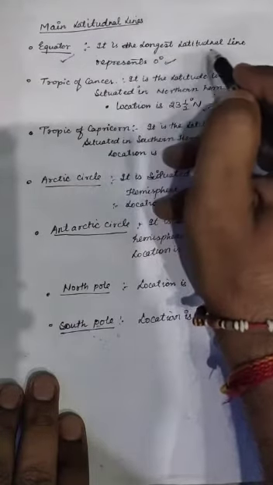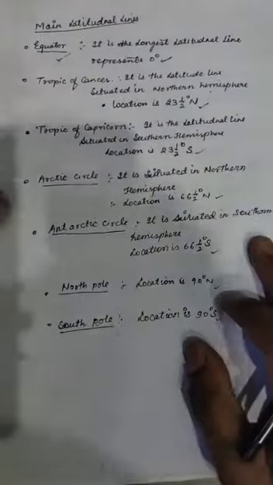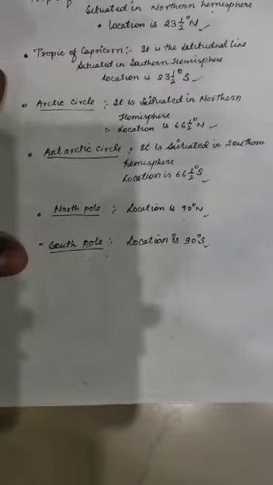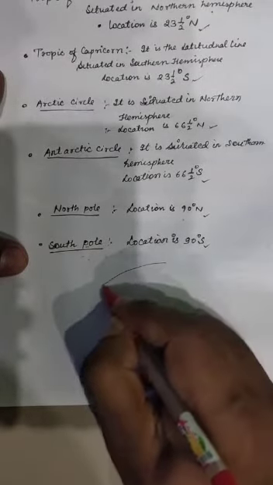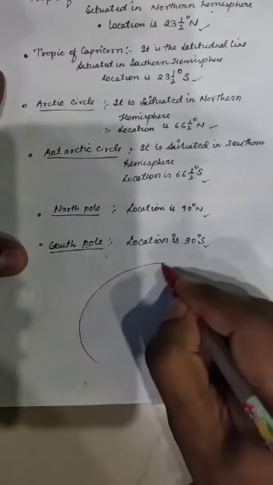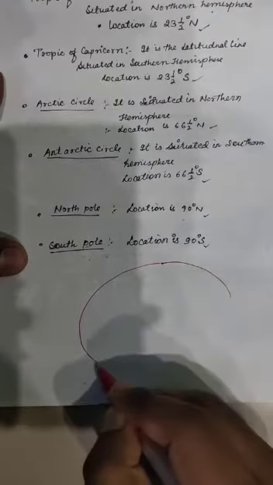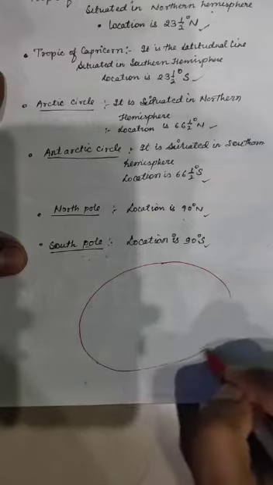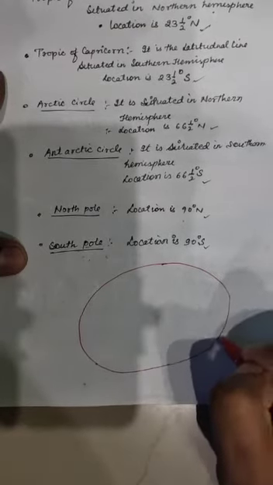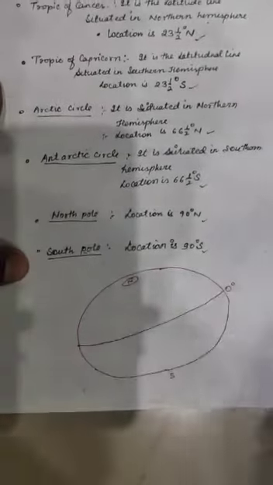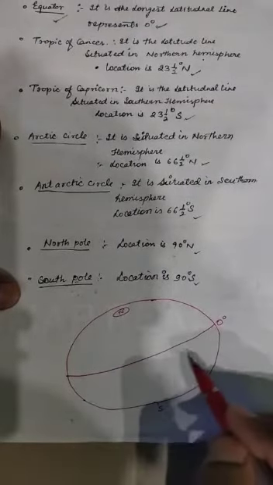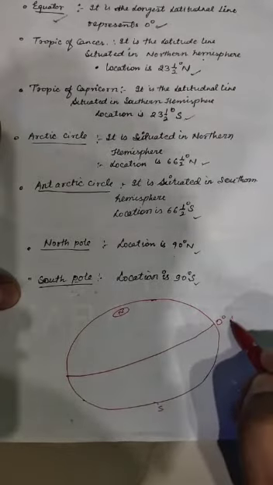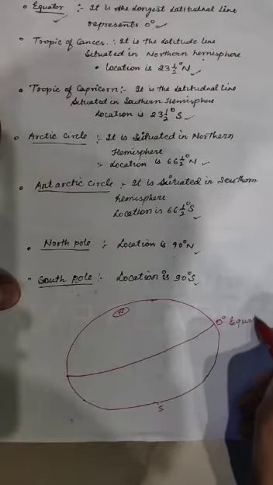Here we draw a globe. It is the longest latitudinal line and represents 0 degree, that is the equator.